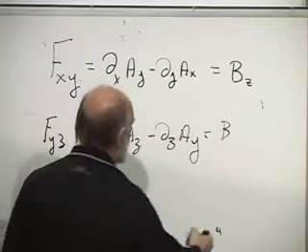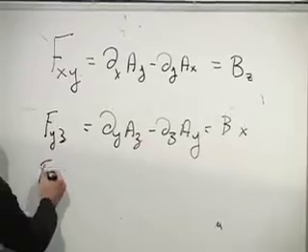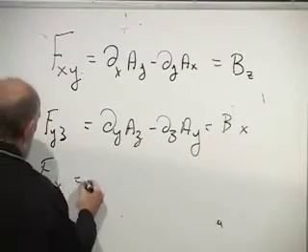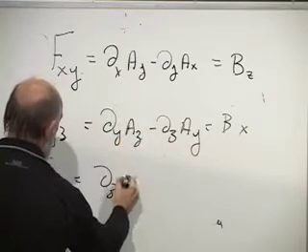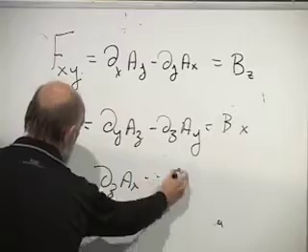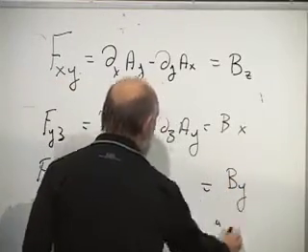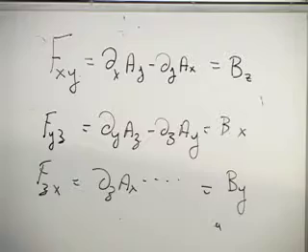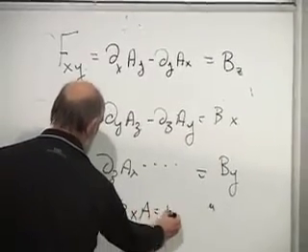X. And the last one, Fzx, is equal to dzAx minus dxAz, and that's equal to By. So this is the connection between them. This also says that another way to write this is that curl of A is equal to B.